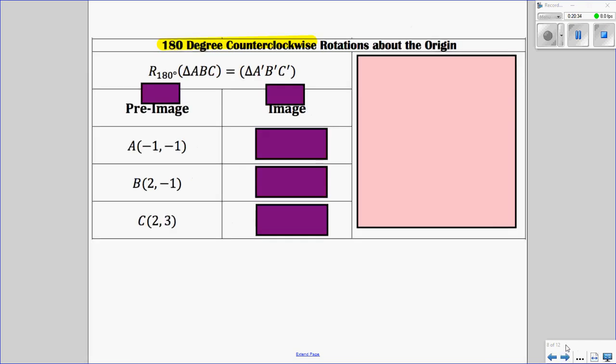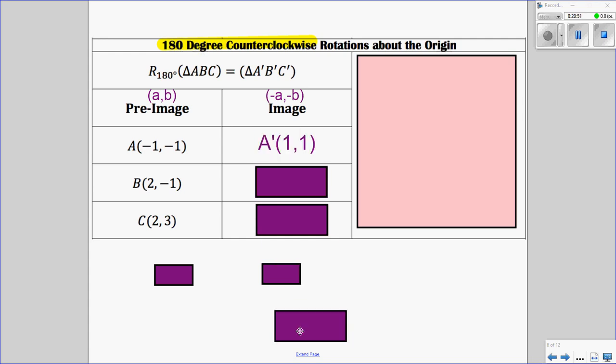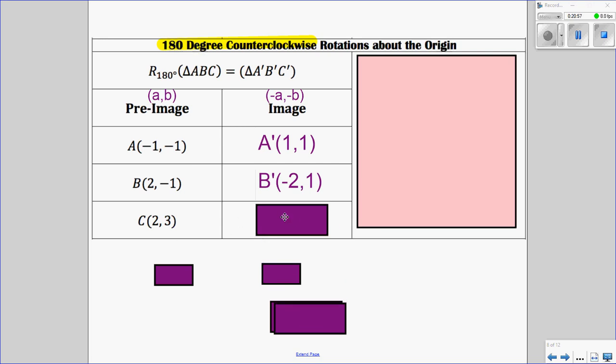Okay, next one, 180 degrees. Our pre-image is starting off with AB. And remember, this is the easiest one to remember out of the three. The letters stay in the same position, you just negate them. So this is positive, a negative will turn to positive, so (1, 1). The 2 will be negative, and the other one will be positive, and then for C prime, both will be negative.